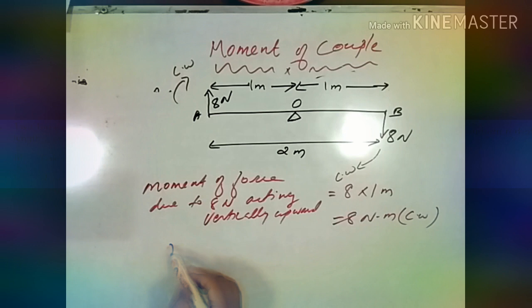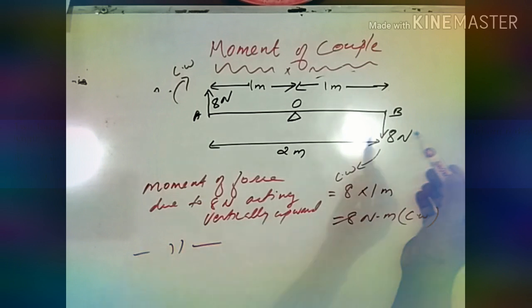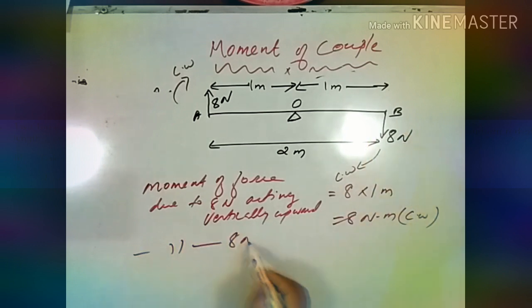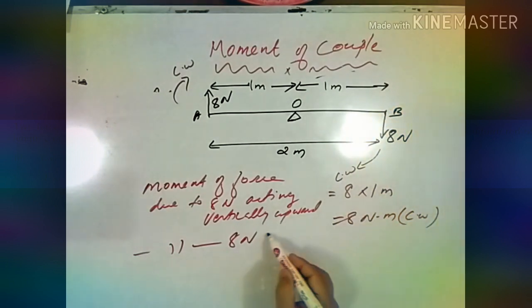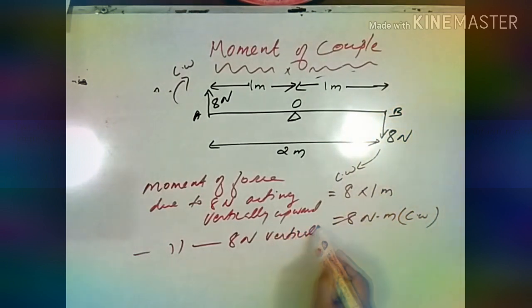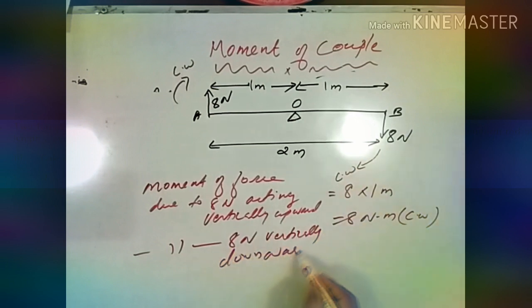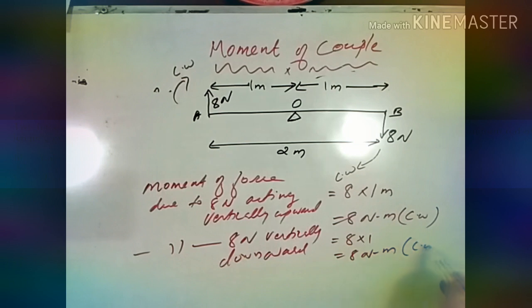What is the moment of force due to the 8 Newton acting vertically downward at B? That is equal to, again, force into perpendicular distance, 8 into 1, which we get as 8 Newton meter, again in the same direction, clockwise. Alright.